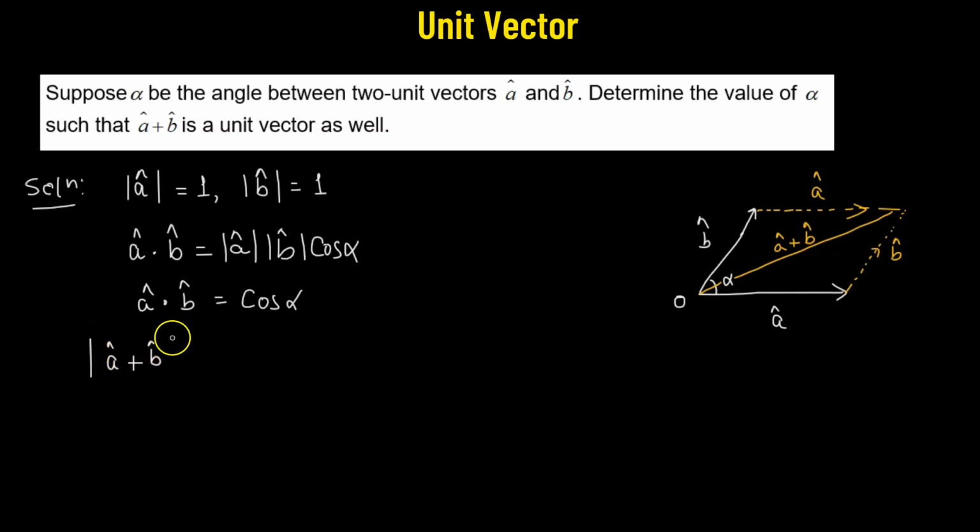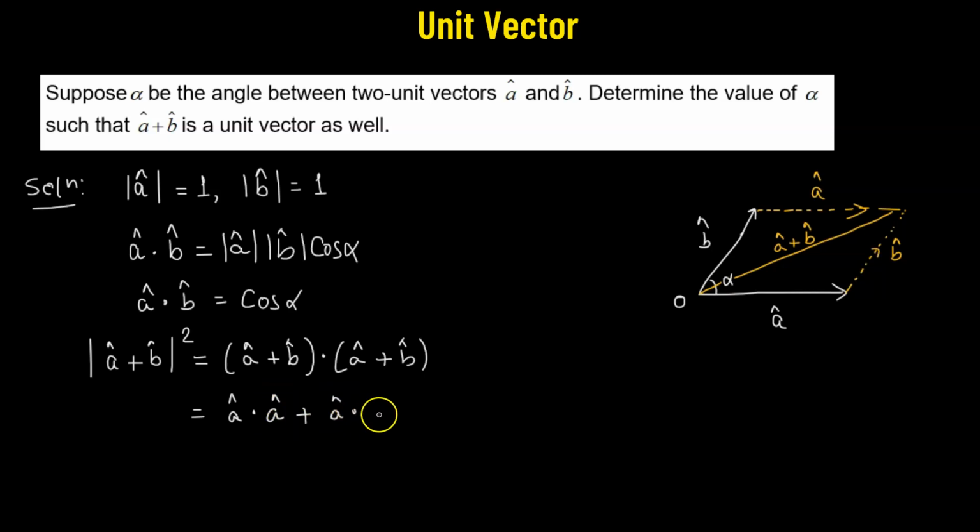So let's do that. We'll consider a cap plus b cap. We take the absolute value or the magnitude of this particular vector and then square it. This is the same as saying a cap plus b cap dotted with itself, which will be a cap plus b cap. Now we distribute it, so we have a cap dot a cap plus a cap dot b cap plus b cap dot a cap plus b cap dot b cap.